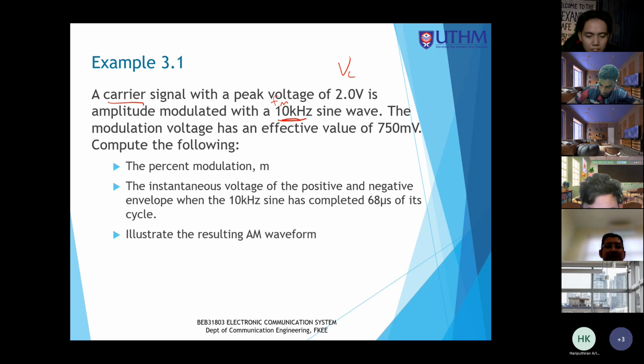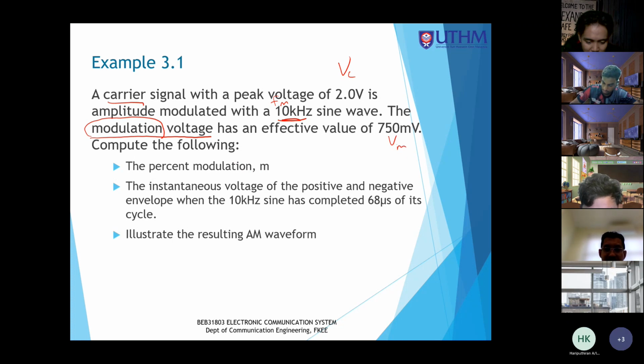Okay. So the modulation voltage, again you see that modulation voltage. So ini sebenarnya merujuk kepada modulating voltage. So jangan confuse dengan istilah ini. Okay, dia merujuk kepada VM, the peak amplitude, which is this VM. Okay.